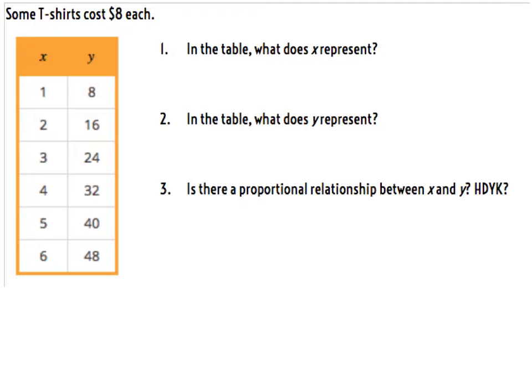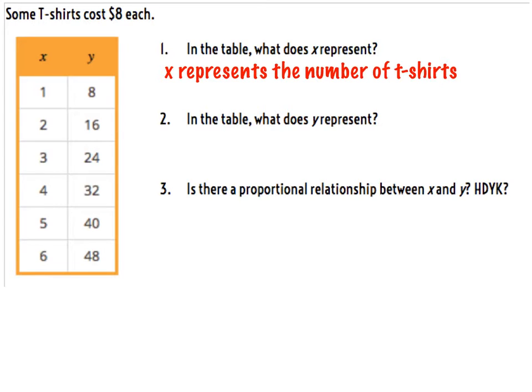Now we come over to something that looks more like a classic relationship that we've been paying attention to this unit. We have a very simple situation. We have some t-shirts and they each cost $8. So in this data table that we've filled out already for you, x, if we're going up just 1, 2, 3, 4, 5, 6, and 1 of x is 8 of y, that looks like x would just be the number of t-shirts.